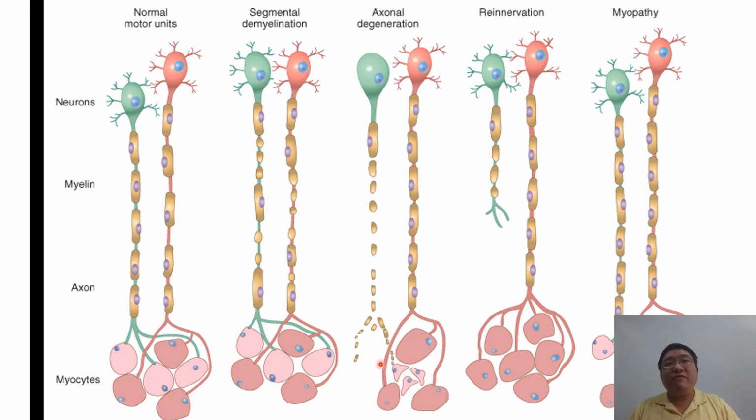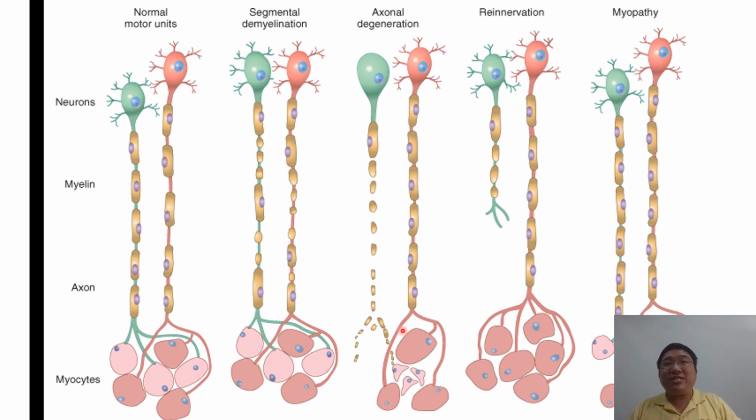So the muscle fibers innervated by this motor neuron will be atrophic, right? Whereas the muscle fibers innervated by a normal motor neuron will be unaffected. So this is axonal degeneration or axonopathy.